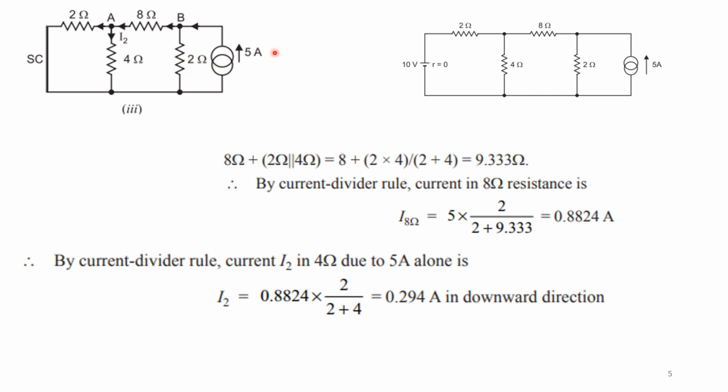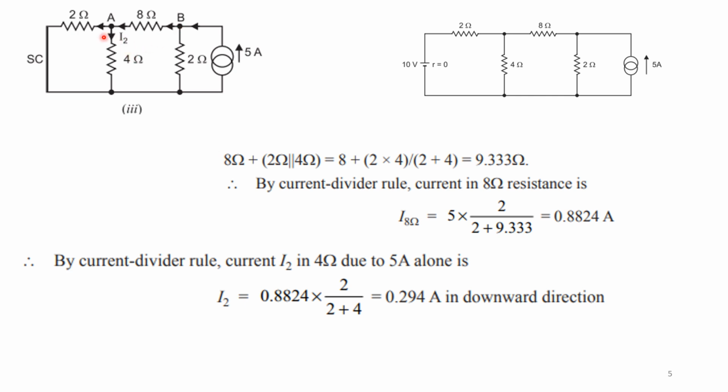So I take the total current times the opposite resistance 2 divided by the sum of the resistances, 2 plus the resistance in this path. This path resistance is 9.33 after simplification. So I have put 5 into 2 divided by 2 plus 9.33. That value is 0.8824 amps. This is the current through this 8 ohm resistor.